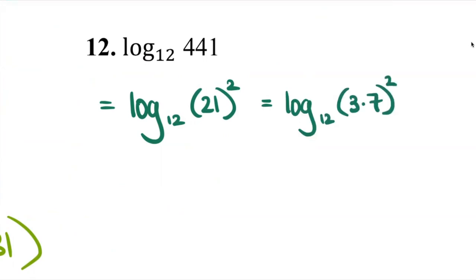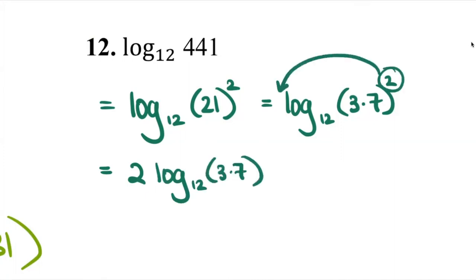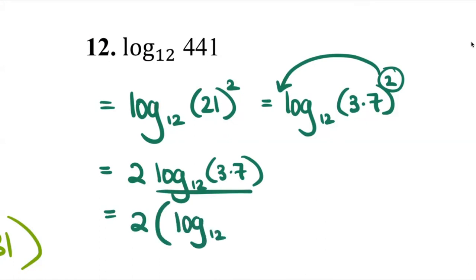All right. So from there, I can bring down the 2 using that third property of logs. And then now I'm going to split this up. Now, careful here. This is 2 times the whole thing. So this is going to be 2 times log base 12 of 3 plus log base 12 of 7.